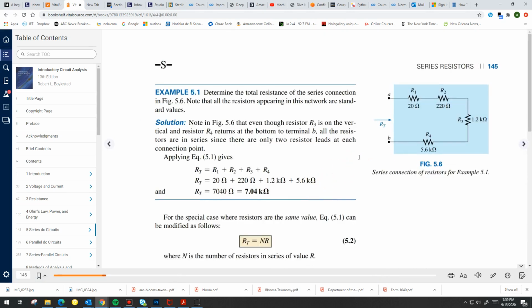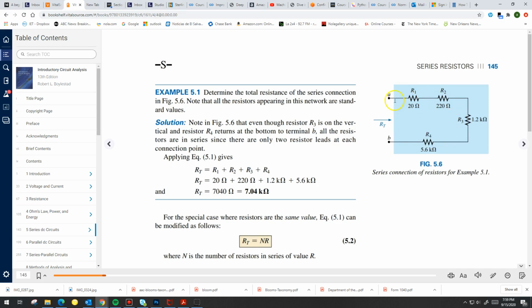Another example here, in this case we have 4 resistors. Again, if I want to know what the total resistance is from A to B, another way of saying this, and you'll find that notation in some books, is what's the total resistance looking into terminals A and B. It comes from the idea that if you put a source across A and B, a battery, let's say, a power supply, from the point of view of the battery it doesn't really see individual resistors.